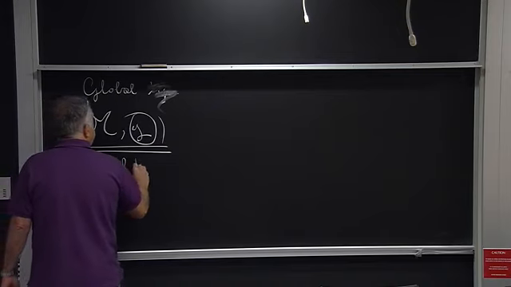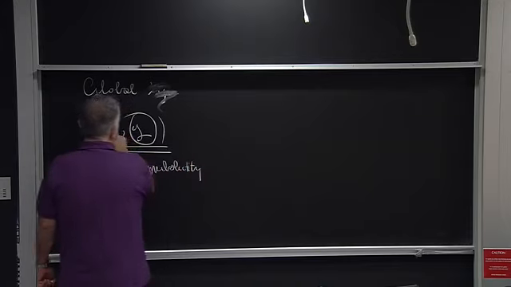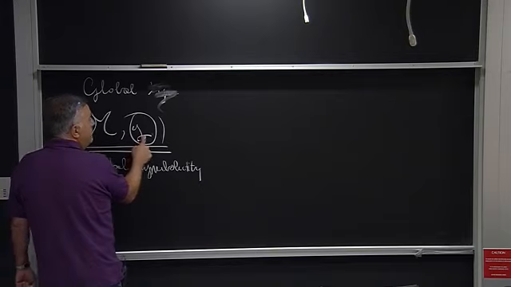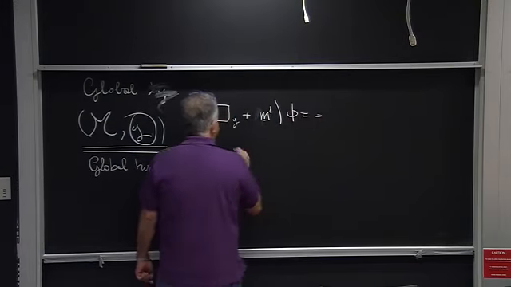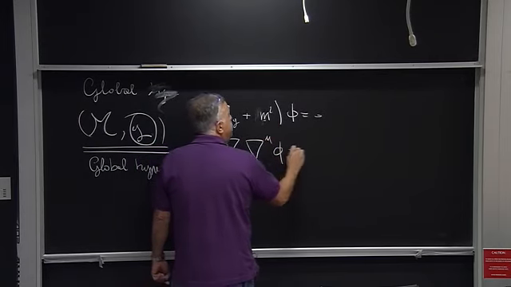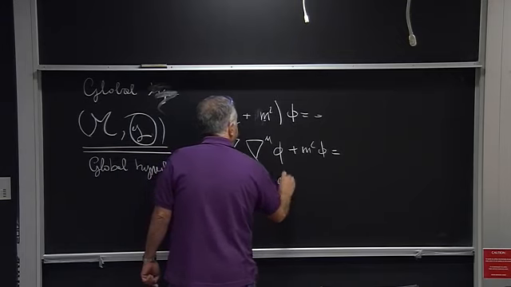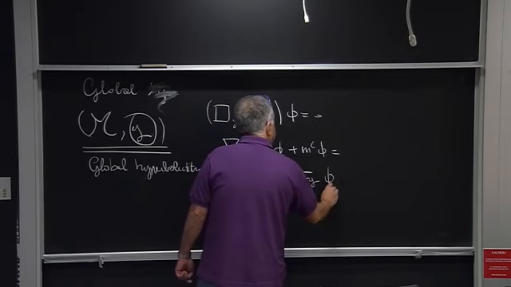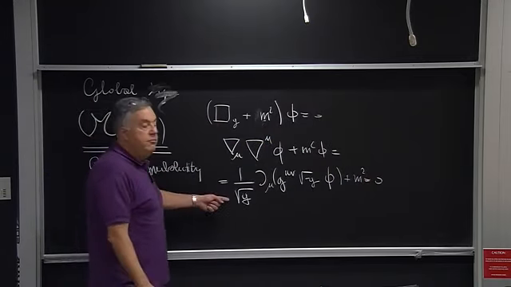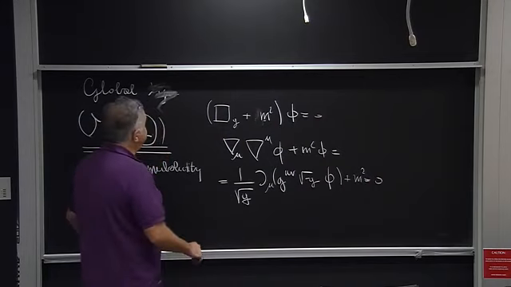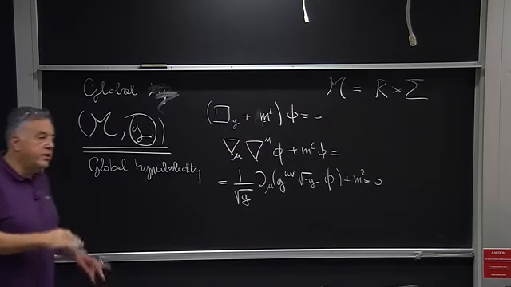Global hyperbolicity means that the Cauchy problem for the Klein-Gordon equation on it, which is obviously written by using covariant derivatives, is globally well posed on a globally hyperbolic manifold. It means that the manifold is, topologically speaking, R times sigma, where sigma is a space-like manifold.